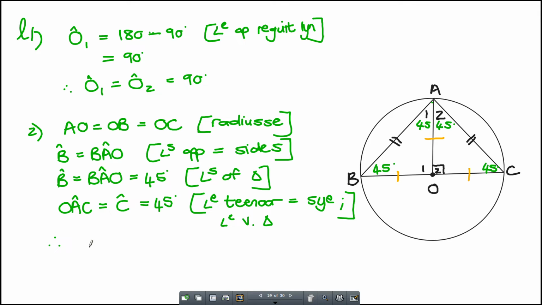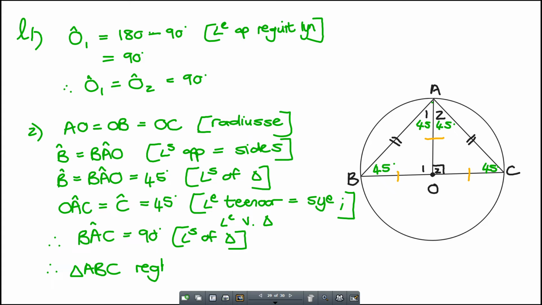So jy kan sê BAC gaan wees 90 grade, angles of a triangle. So daarom is driehoek ABC 'n reghoekige driehoek. A right-angled triangle.